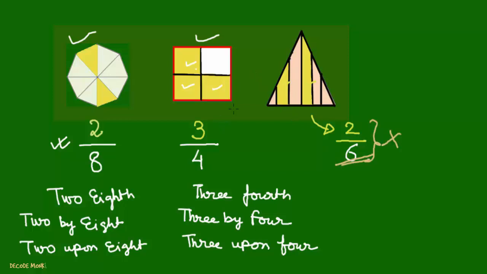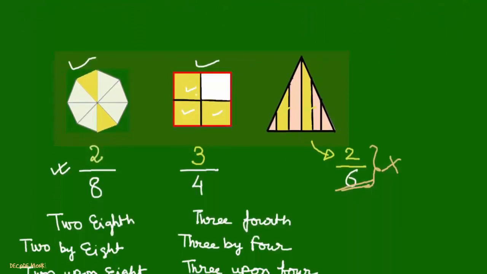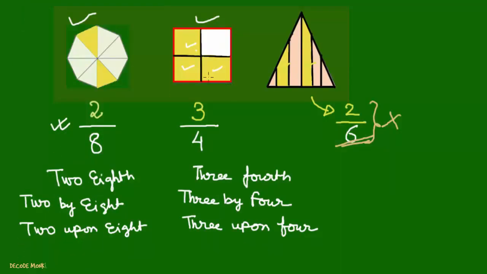In fractions, it is very important that the parts under consideration, the total number of parts, should be equal in size. You see over here, the parts are not equal.